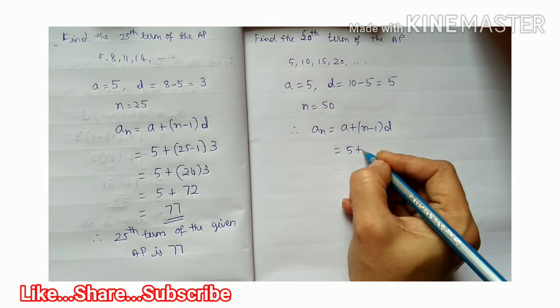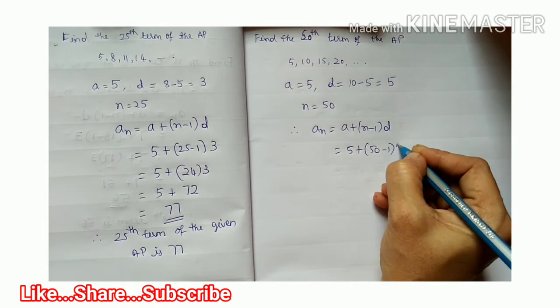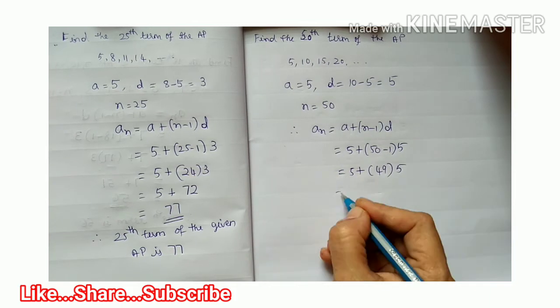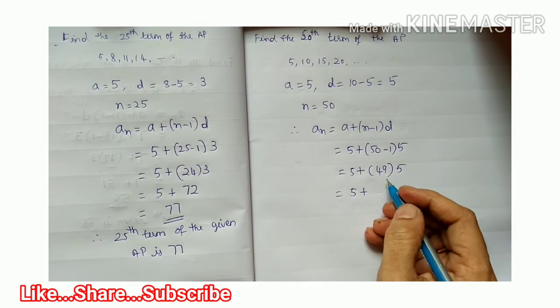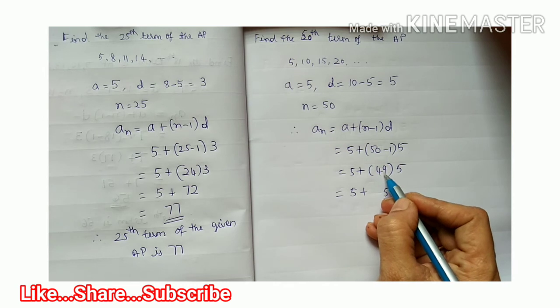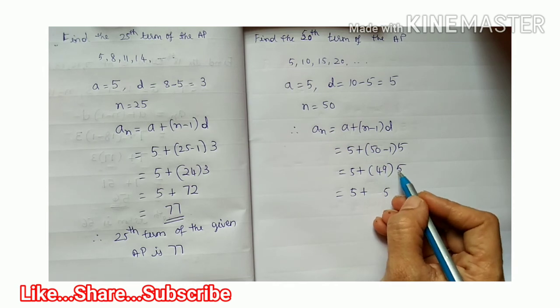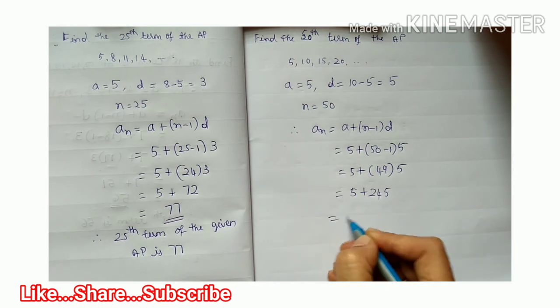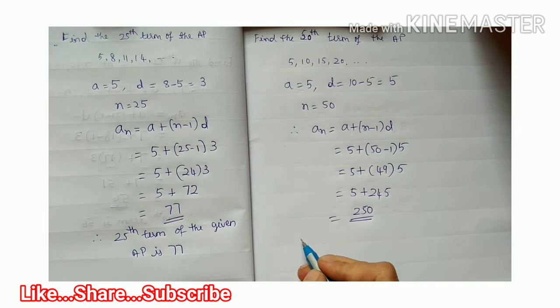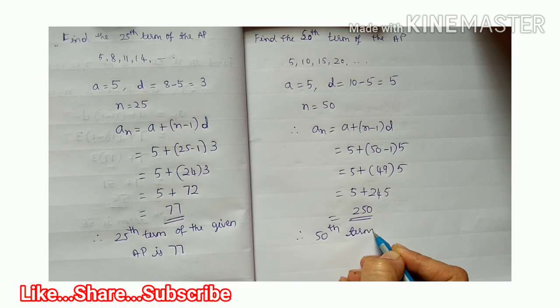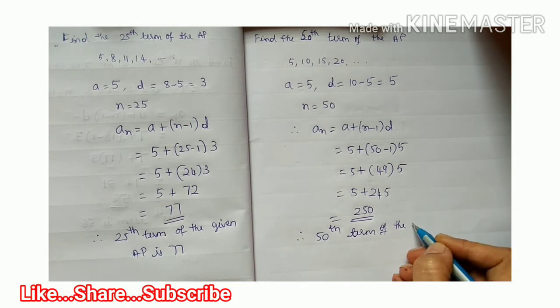That is 5 plus 50 minus 1, d is 5. 5 plus 49 into 5. 49 fives are 245. Therefore, this is 250. Therefore, the 50th term of the given AP is 250.